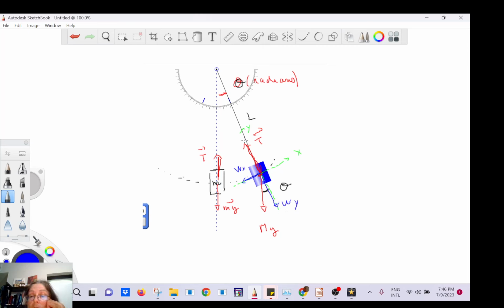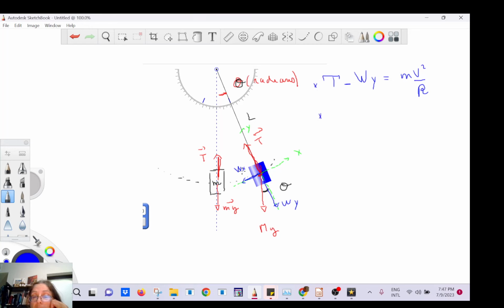Along the y, we are not very interested in what's going on. You see that T is pointing toward the center. The y component of the weight is pointing away from the center. And then you're going to have a centripetal force. So this is just to keep the mass from flying off. That's not very interesting.